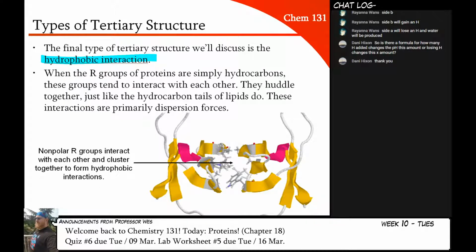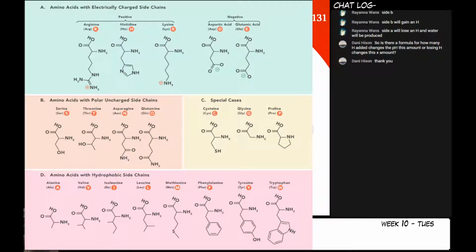Now, if we go back here again, there's a whole category down here, category D, of hydrophobic side chains. And so all of these things down here are essentially nonpolar, or they are at least large enough that they are mostly nonpolar.